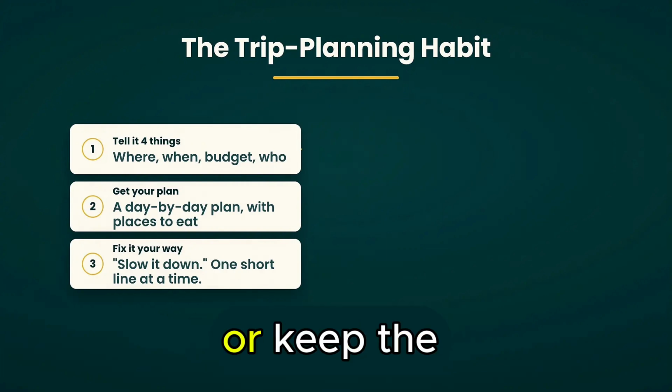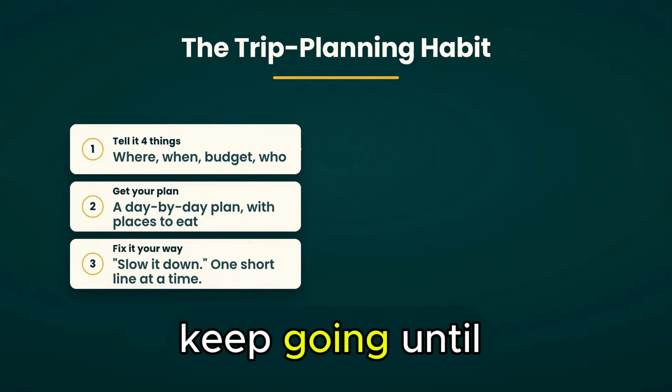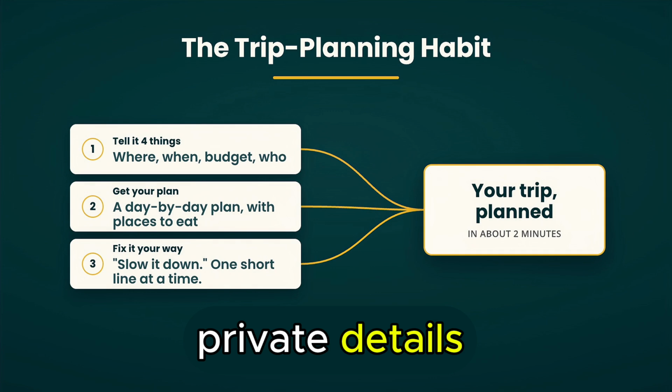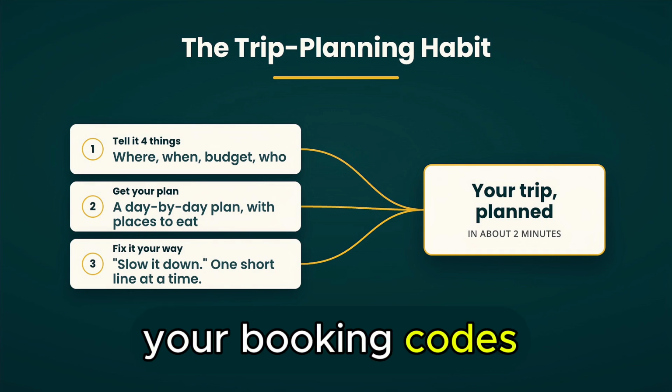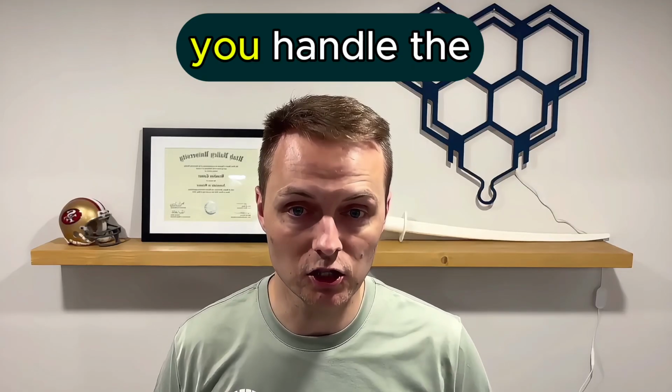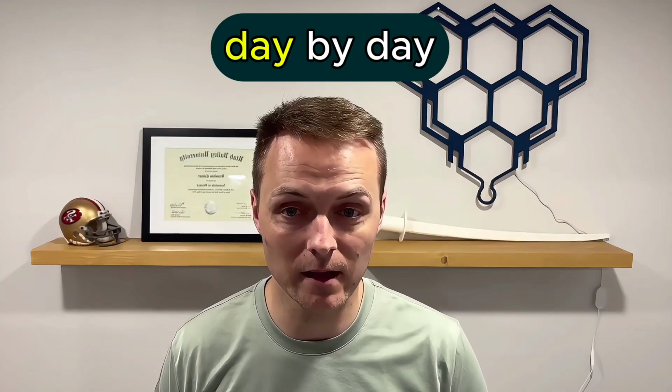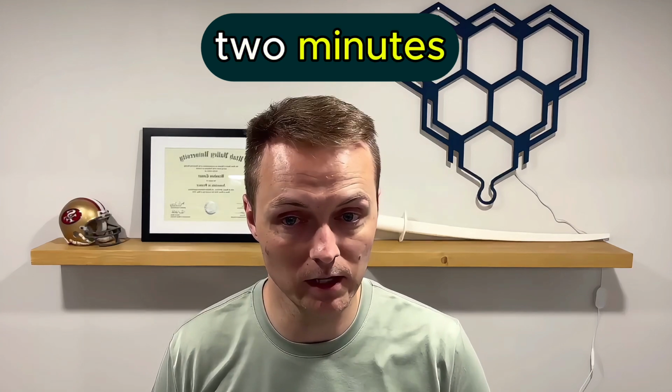Slow it down, or keep the walking easy, or show me cheaper options. Keep going until you're happy. It's your trip. And keep your private details, your address, and your booking codes off the chat. You handle the booking yourself. That's how you turn a dozen messy tabs into a calm, day-by-day plan in about 2 minutes.